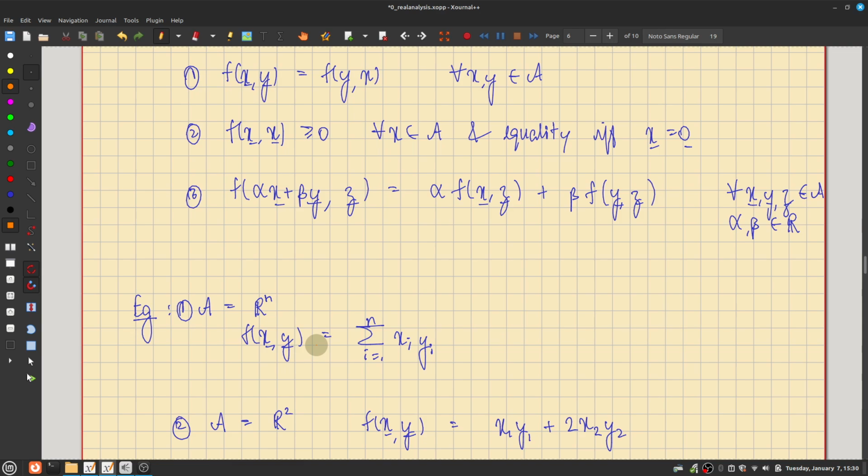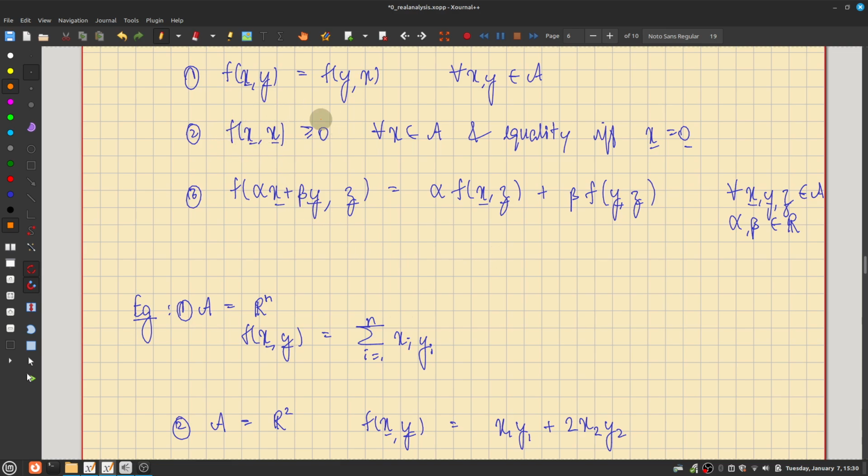Does it satisfy property 1? So if I take the vector space to be just Rn, and I take this particular function, is this symmetric in x and y? Yep, because f of y comma x is summation over all i of yi xi, which is the same as summation over all i of xi yi. So it is symmetric.